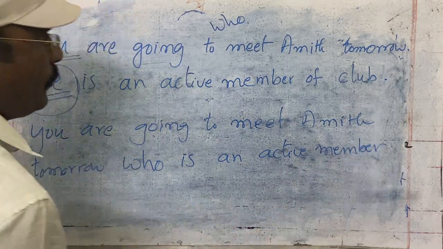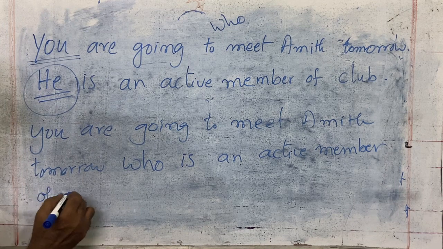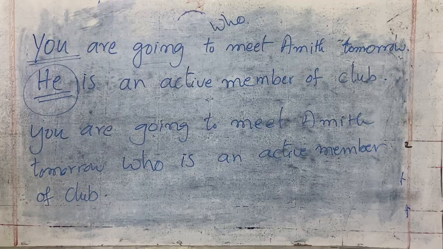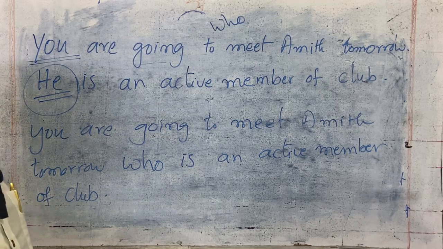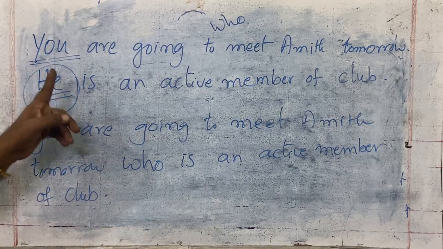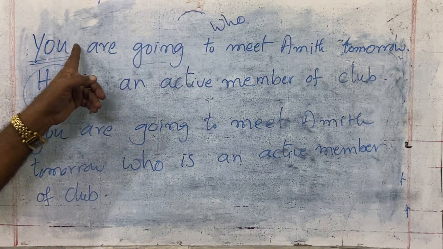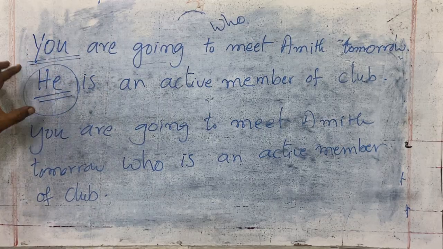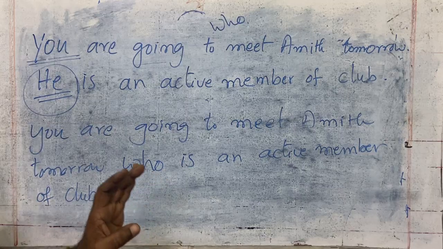So like this we are taking relative clauses. Okay, so when the subject is same, it comes after the first subject. When the subject is different, it comes in the middle itself.